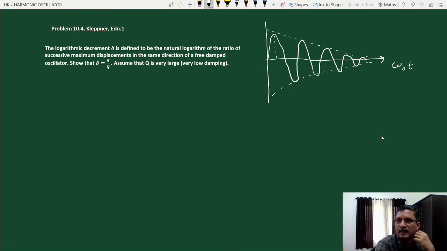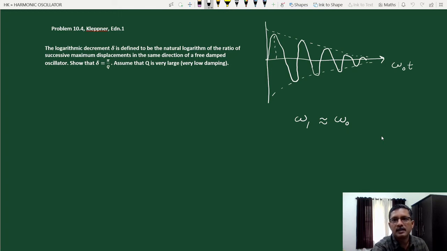Here we have again assumed that the angular frequency of the damped oscillator omega 1 is approximately equal to omega 0. In other words, we have assumed that gamma is small, damping is small, and the quality factor is very large. In that condition, the angular frequency of the damped oscillator will be approximately equal to the natural frequency, or that of the undamped oscillator.